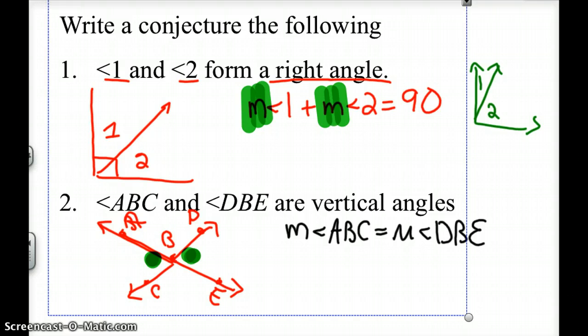Congruent angles is also a fine answer here. But when you're talking about congruent, and we don't talk about the measures, you would just write angle ABC congruent to angle DBE. So when you're talking about equals, you need to have the m's for measures. When you're talking about congruent, you do not need the measures there.